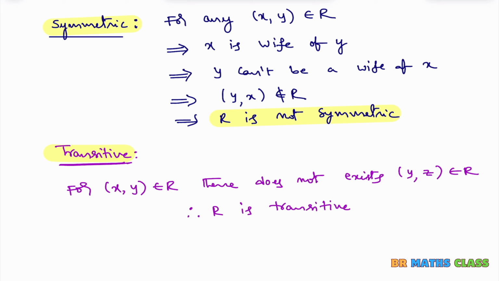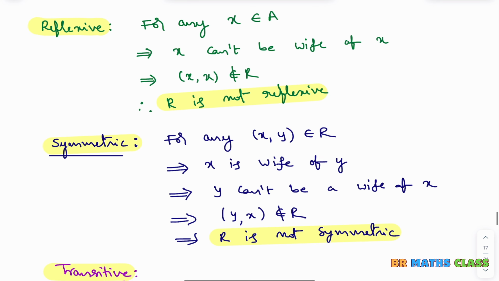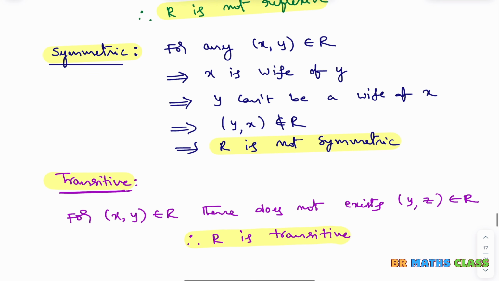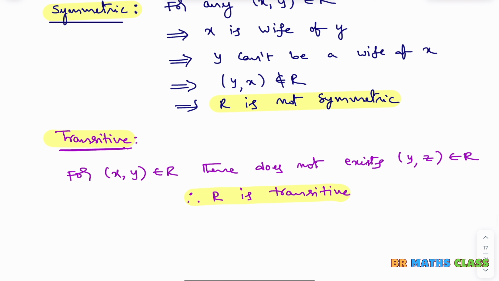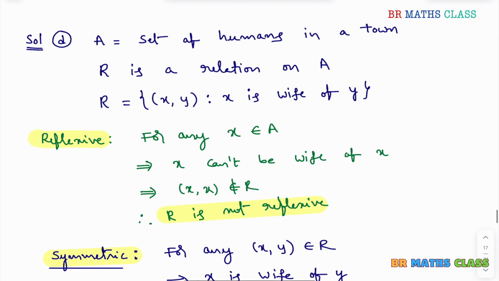These things we discussed in the theory part while discussing the definition of transitive relation with the help of examples. At that time, I explained this more clearly. So, this relation is not reflexive, not symmetric, but this relation is transitive. I hope you understand the solution of this problem.